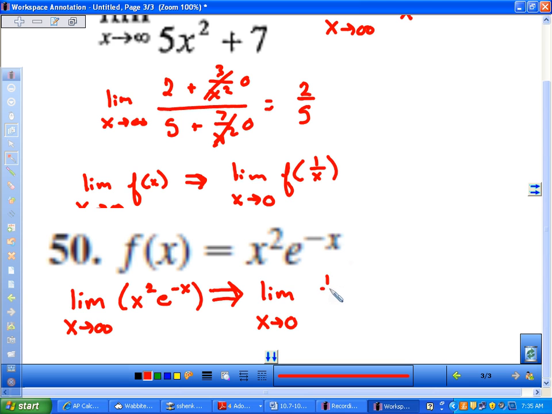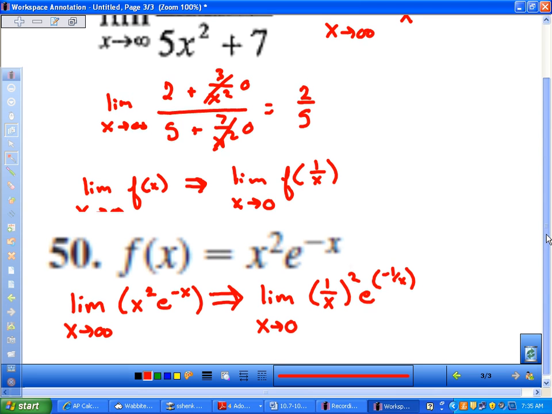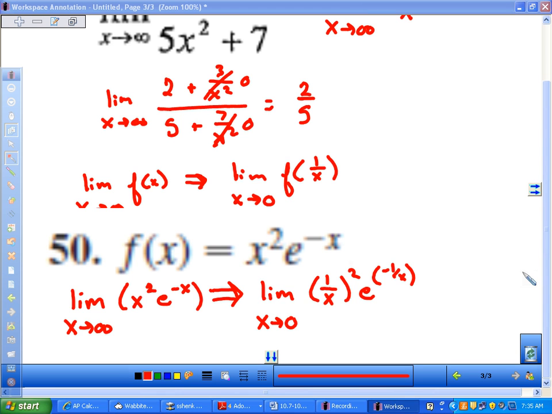So it's going to be 1 over x squared times e to the negative 1 over x. And now we can go with a substitution here. Okay. So 1 over x, as x goes to 0, and then we square that off. This over here, as we go to 0 as well, that's not going to help us very much, is it? We're getting undefined on this one.